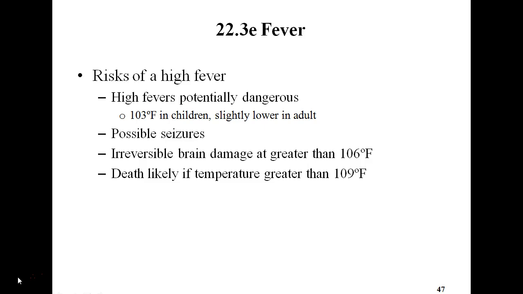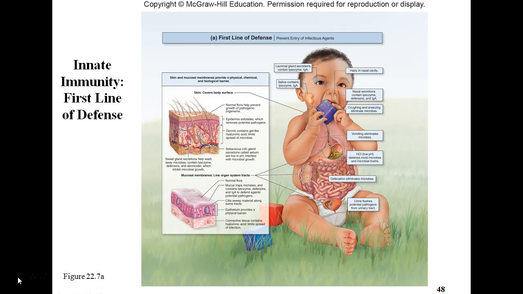So in summary, a fever is a higher than normal elevation of body temperature, and it's part of the innate immune system that's going to help the body protect against foreign invaders. So as a summary of everything we've talked about in this section today, we see a diagram that summarizes innate immunity.